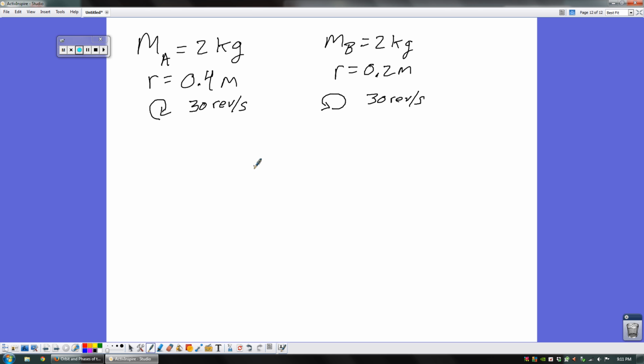Well, this sounds like a conservation of momentum problem. I need to find the angular momentum of A and the angular momentum of B and add them up to find the total momentum before the crash. That must equal the total momentum after the crash.